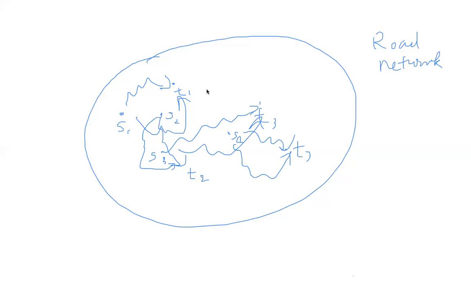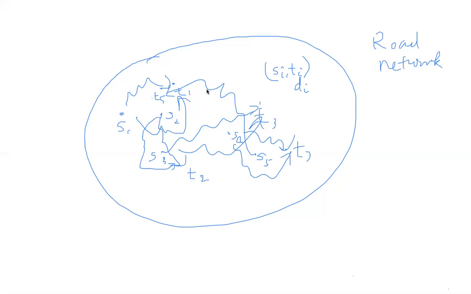And then there may be S5, and T5 is here. And then you're going to try to shift stuff. So for each pair of Si, Ti, and the shipments, the demand for the shipment is Di.